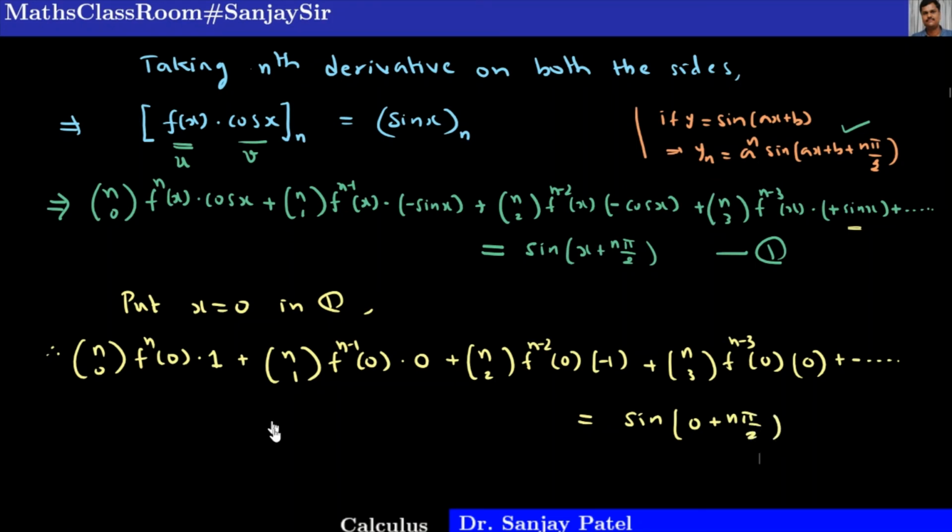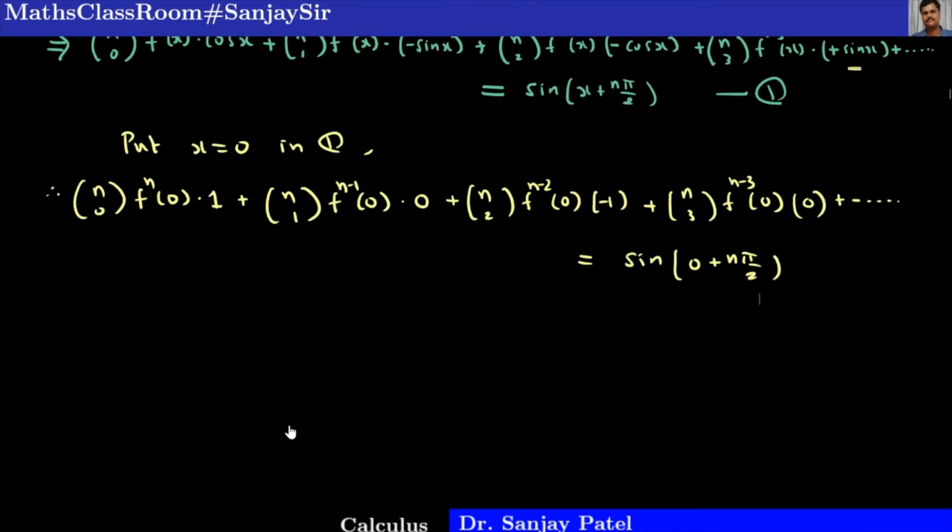So if you observe, all the odd order derivatives in this are 0 because they are multiplied with the number 0, so these will go. And for the other terms, which are even order, there is an alternate sign, minus, then it will be plus and so on.